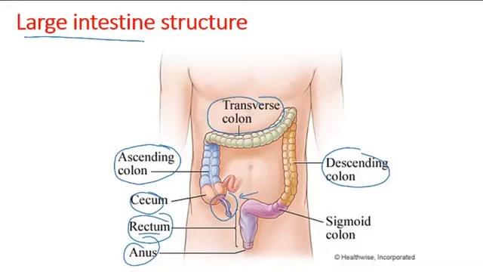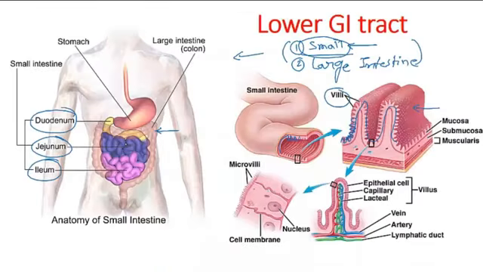Now in the large intestine as well as the small intestine, in the region of the ileum in the small intestine, they have lymphoid nodes. Those nodes are known as Peyer's patches.